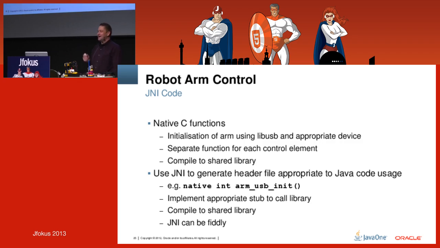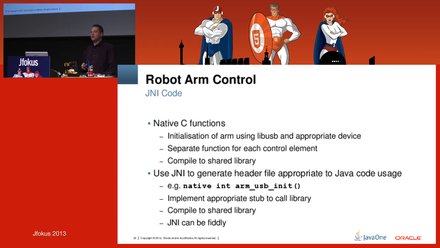But anyway, so what you do is you write some native C functions that enable you to control the different parts of the arm through the USB library, and then you just create native references within your code and have those work so that you can reference those from Java, and then you just call the appropriate method to make your robot arm move.